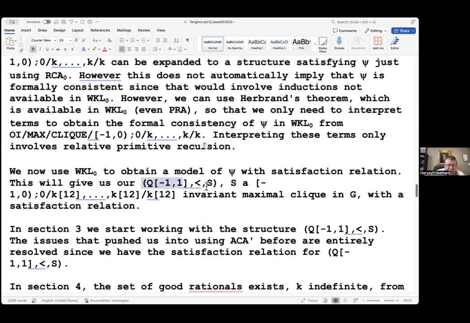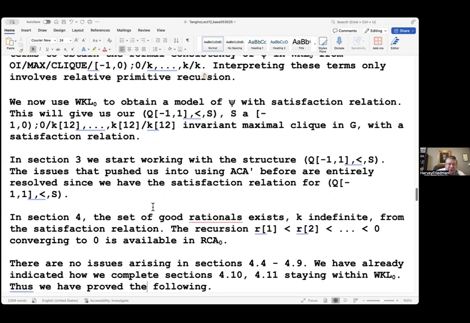So before, we just had this structure and we had trouble when we manipulated this with definable sets, we ran into some trouble. We needed ACA prime, but now we're getting around this. You see, we just use WKL naught for the full satisfaction relation.